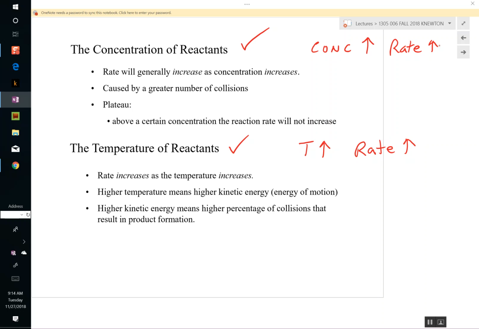Okay, now equilibria you're going to have to learn on your own. Not all reactions are equilibria reactions. Gasoline burning is not an equilibrium reaction. It produces carbon dioxide and water. But if you put vinegar in water, you get an equilibrium between the vinegar molecules and the acid they form.